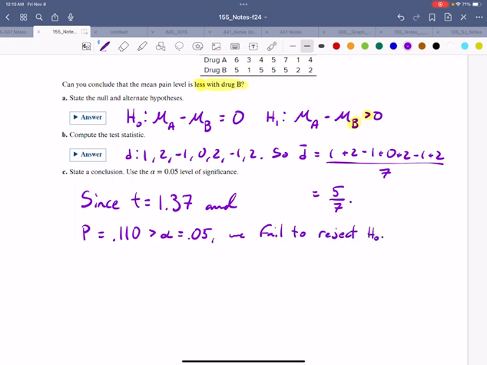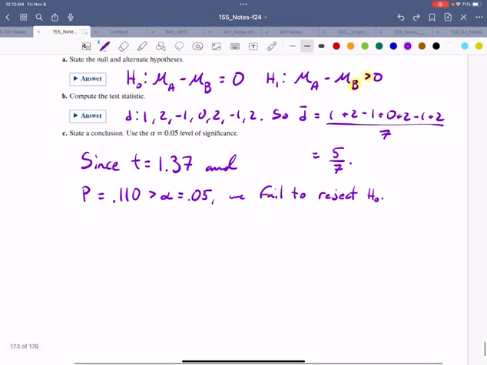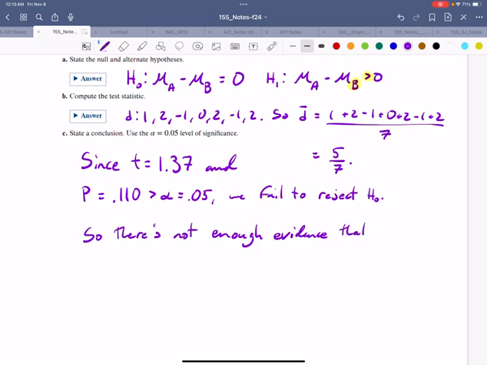Now note that they say state a conclusion, so let's use words here. So there's not enough evidence that drug B causes less pain than drug A.